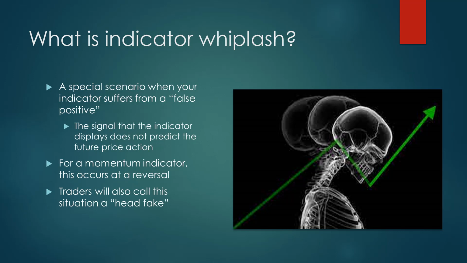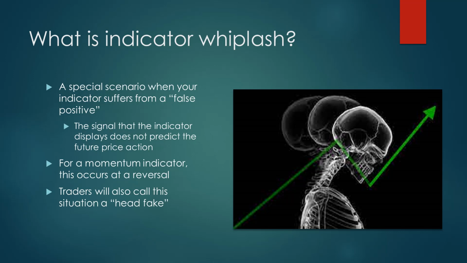Well, indicator whiplash is, as I was explaining before, what you can call a false positive. The term false positive comes from statistical testing methodology, such as Bayes' theorem, which uses false positives and false negatives. Now, we don't have to get into the statistics, but really it's just a time when your indicator is wrong.